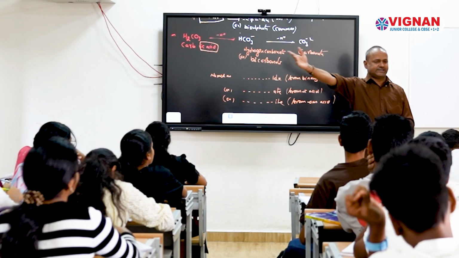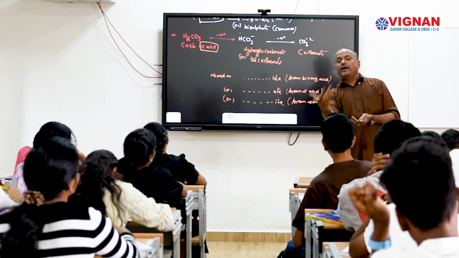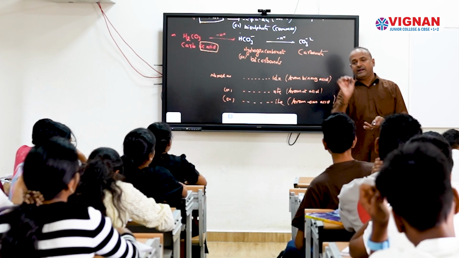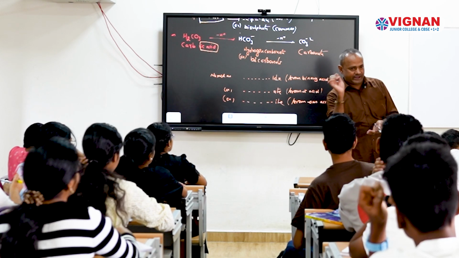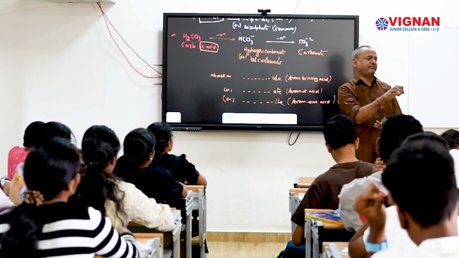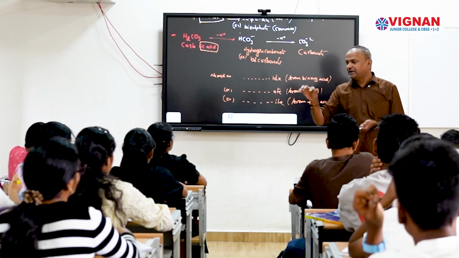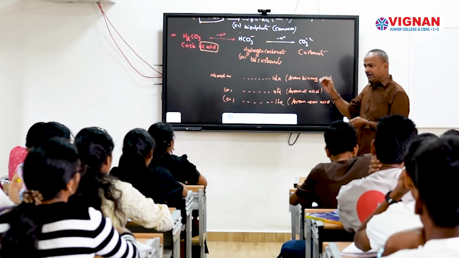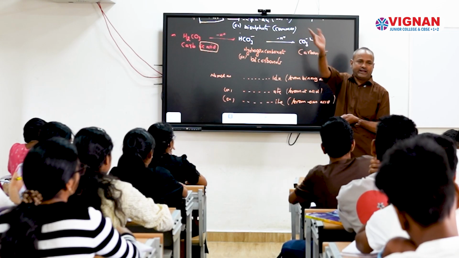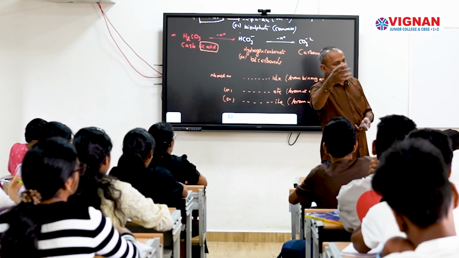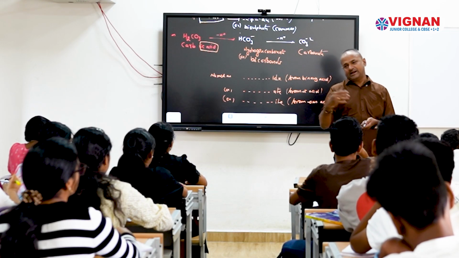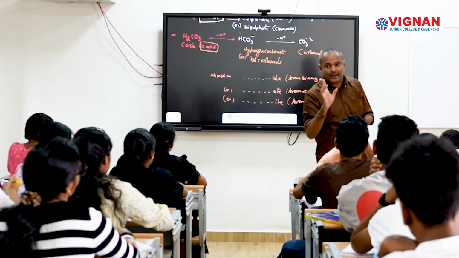If no H is present, just ATE or ITE without H. From the parent name: carbonic acid, carbonate; sulfuric acid, sulfate; nitric acid, nitrate.